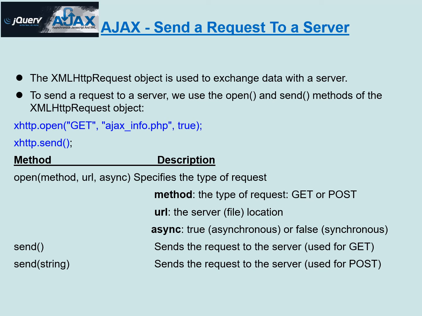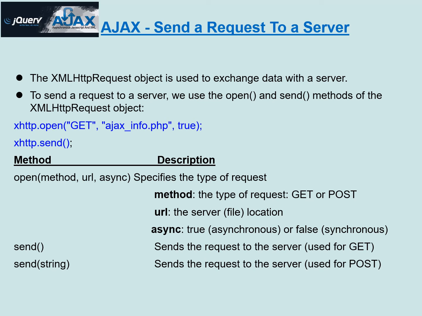So this code is available here for opening the corresponding connection towards the server as well as for sending the data. Here xhttp.open get ajax underscore info.php comma true.